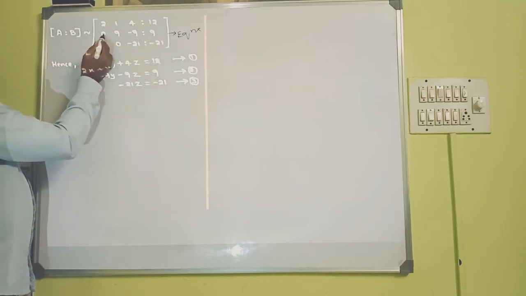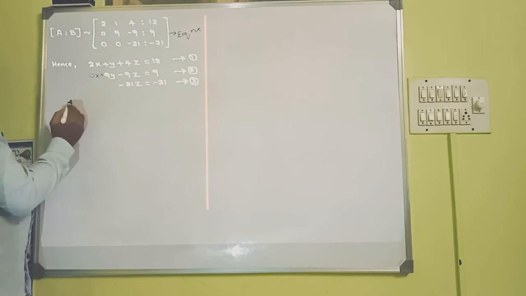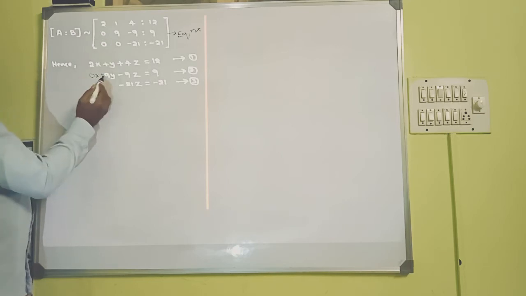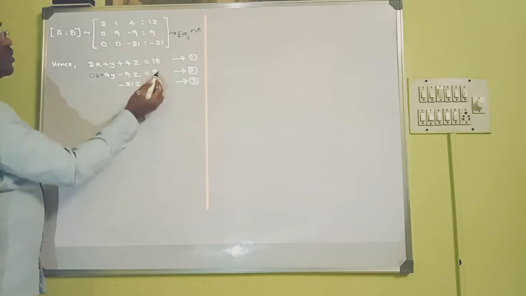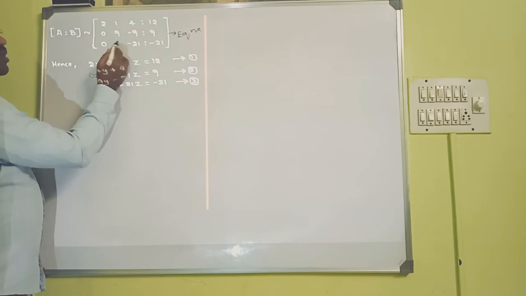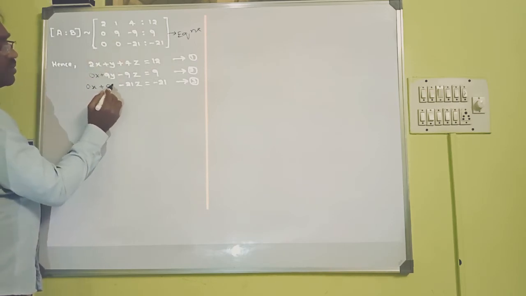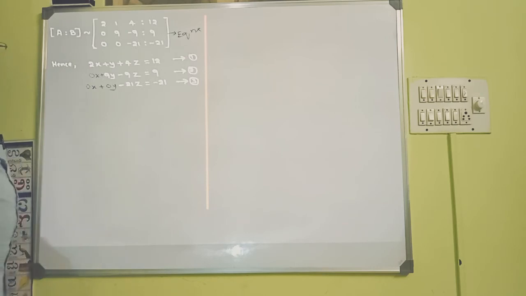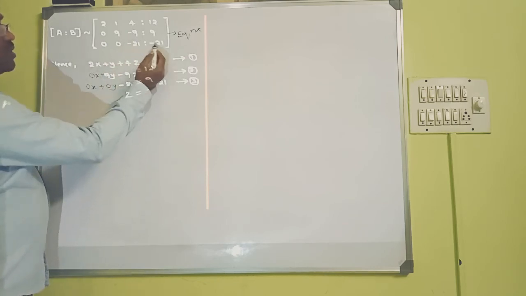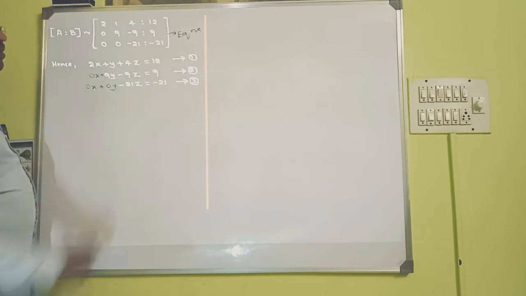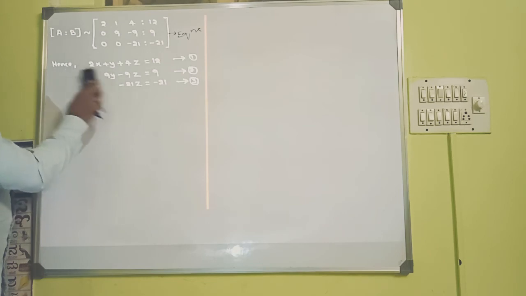Then 0 is negligible, so we have not written 0x here. 0x plus 9y minus 9z is equal to 9. Since these two elements are zeros, we have not written 0x plus 0y. No need to write. Minus 21z is equal to minus 21. So no need to write the zero coefficients.